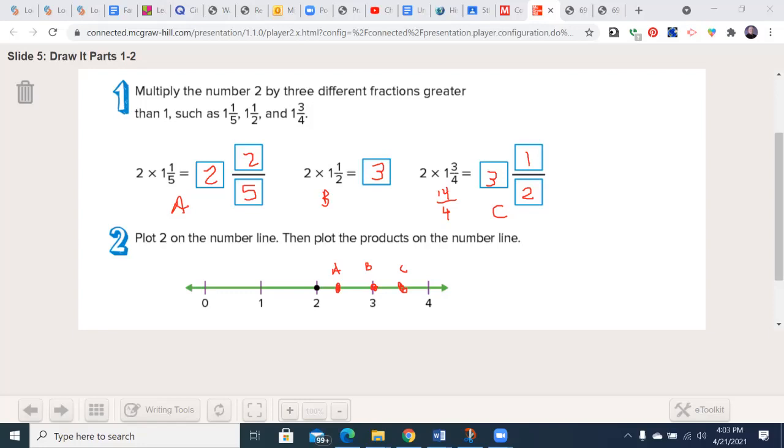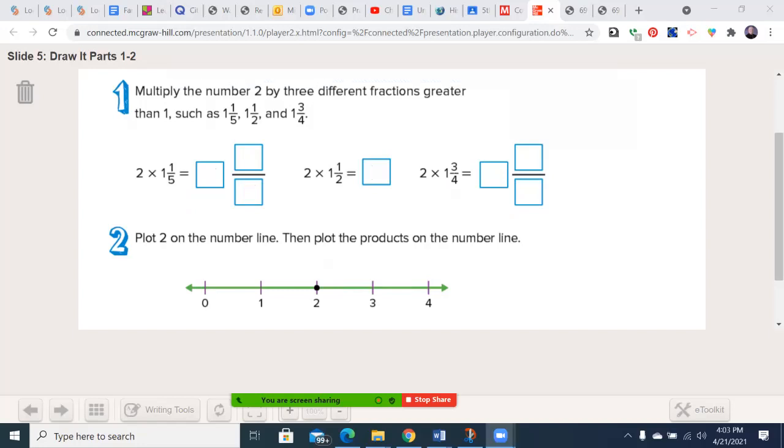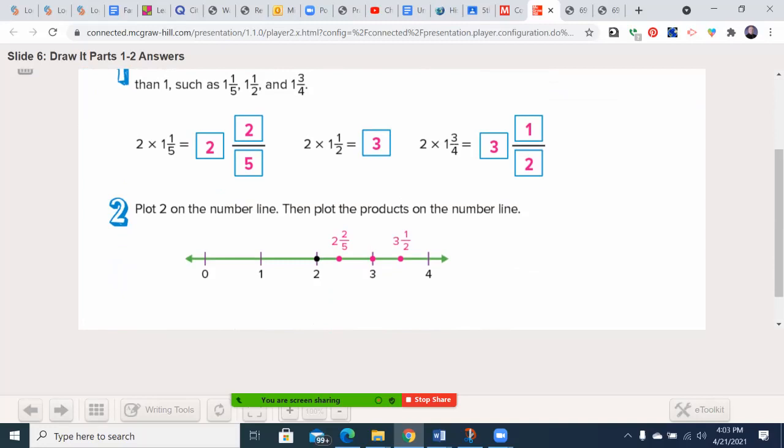Give it another few seconds. If you need more time, you should pause the video. I'm going to go ahead and clear the screen. And you can see how this worked out.